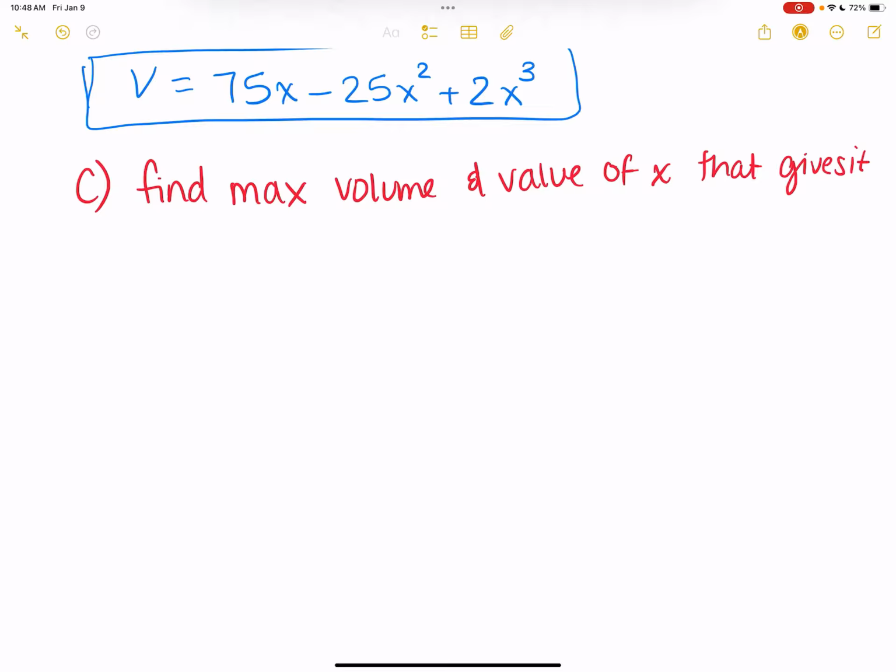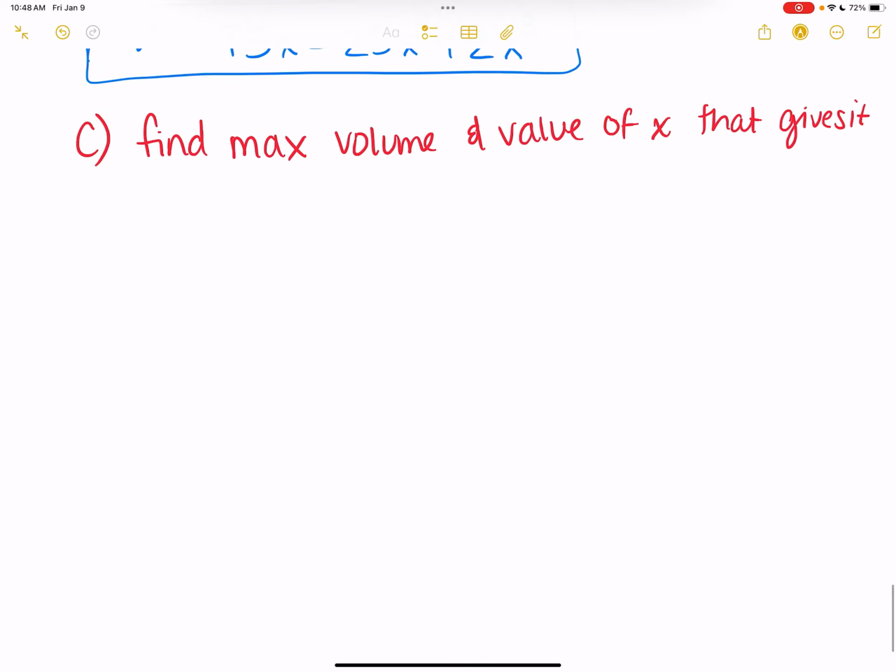Did you hit Zoom Fit? Yeah. Zoom Fit on mine is going to show me the main part of it.